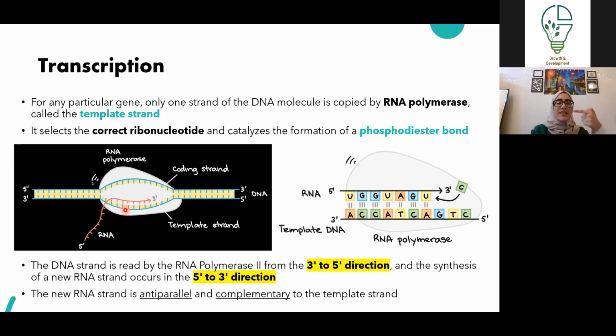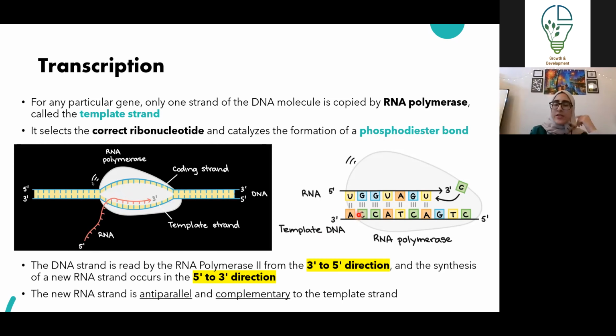Because if it's reading in the 3' to 5', the only way it can add is at the back end of the strand that it's producing. So the strand it's producing is coming off of this side, kind of going down this way. It's falling off, as you can tell in this image. The 5' end is the one that it produces first, and as it goes along, the RNA polymerase is adding nucleotides to the 3' end of this brand new mRNA strand that it is producing.